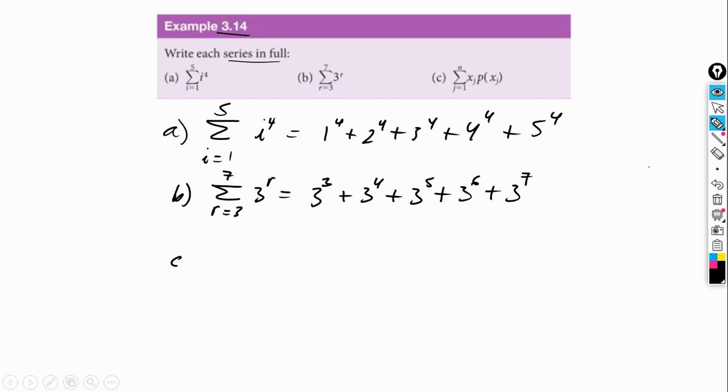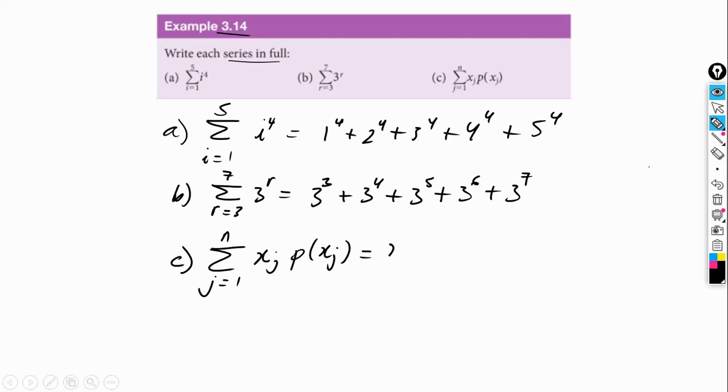And then for C, it says the partial sum from j equals 1 to n of x sub j times P of x sub j. Here we don't have a specific formula. That means that all we have to do really is just plug in the values.